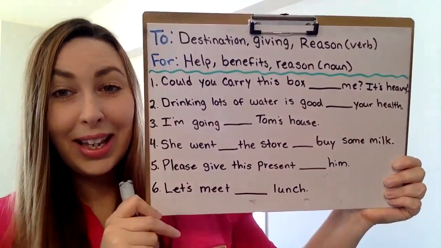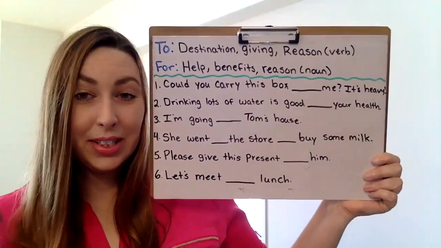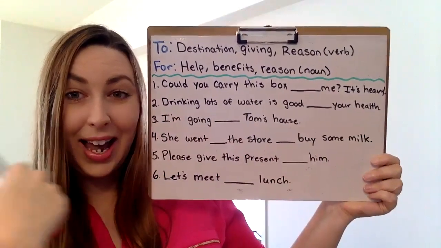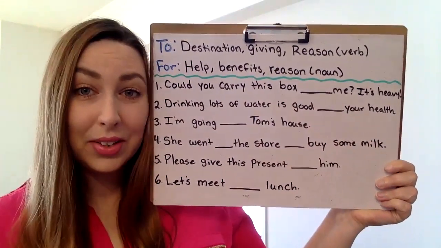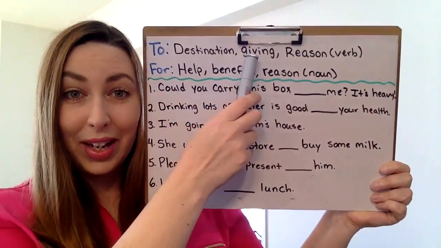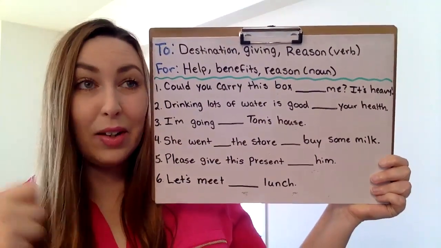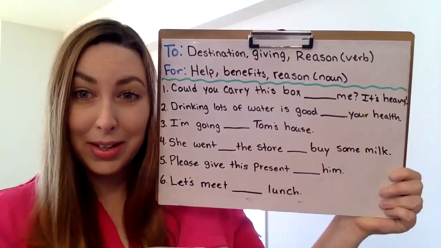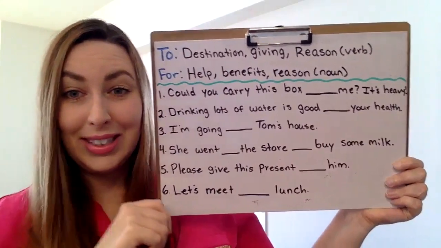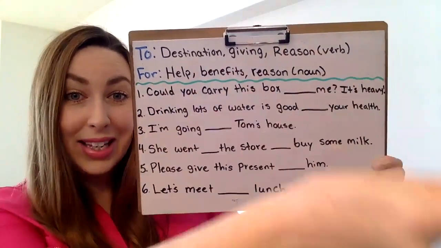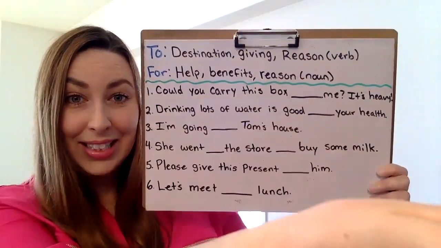Going to a place. So I'm physically moving and I have a destination, okay? Then we can also use "to" with giving. So please give this to your mother. Please hand in your homework to your teacher. Okay, you are giving something over, all right?